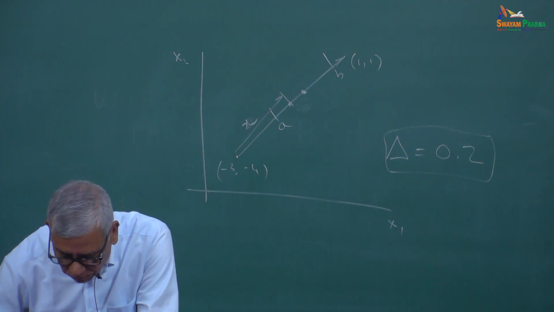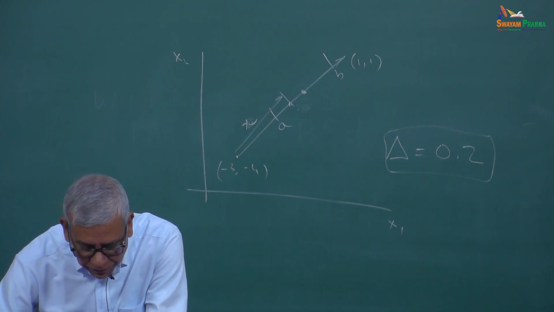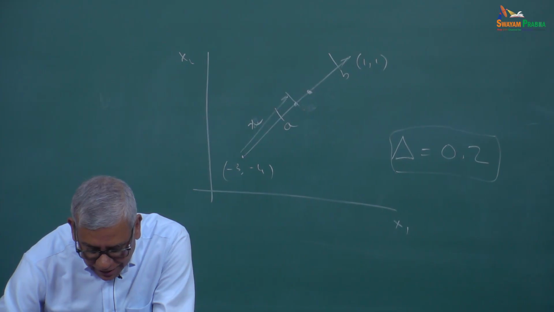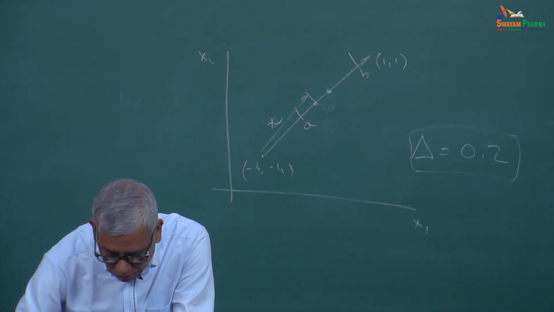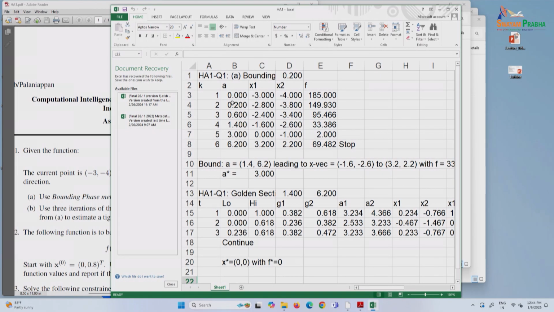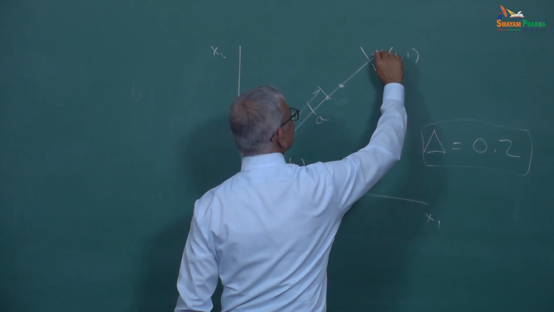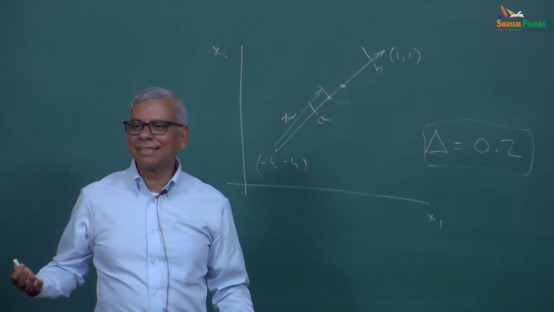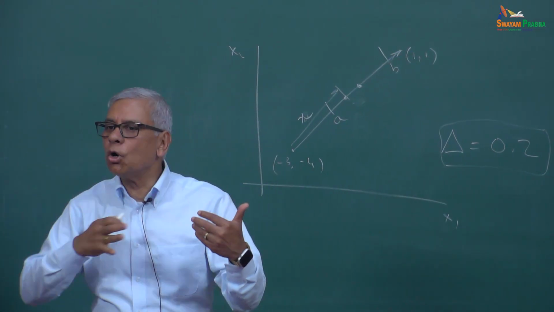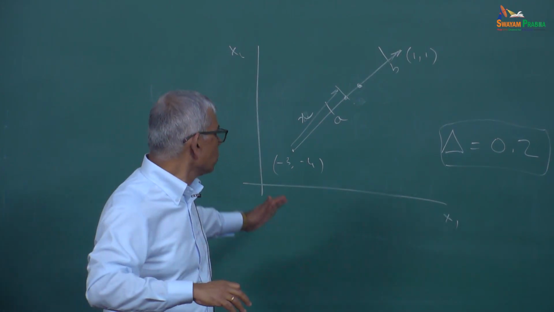So you see now what I did. This is the solution, but you have to do it yourself. First thing you need to figure out is direction, but in this case, since the direction is given, I don't have to check which way to go, because I've already told you to go in that direction.